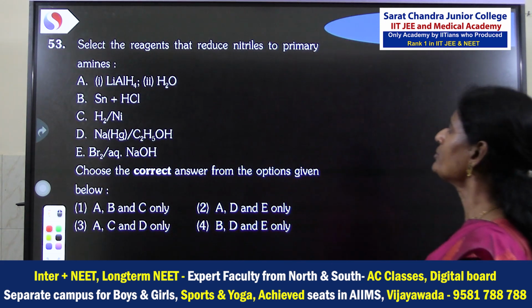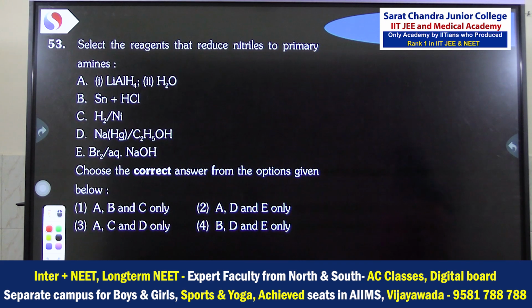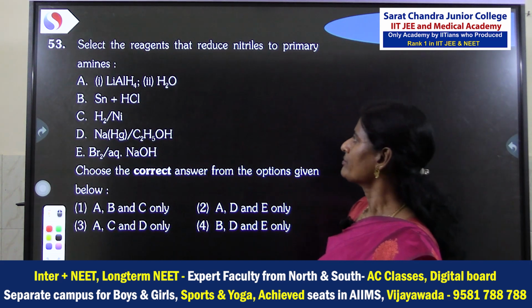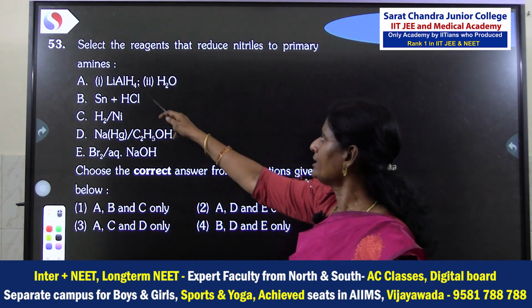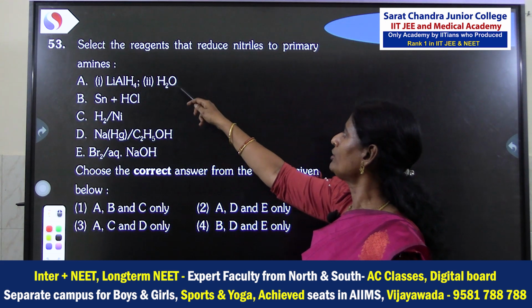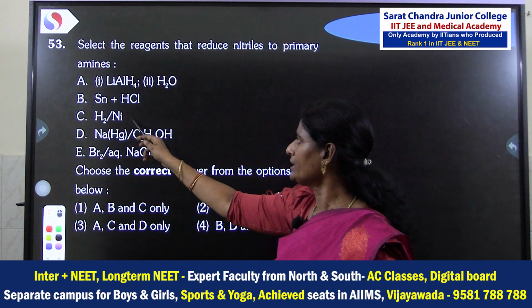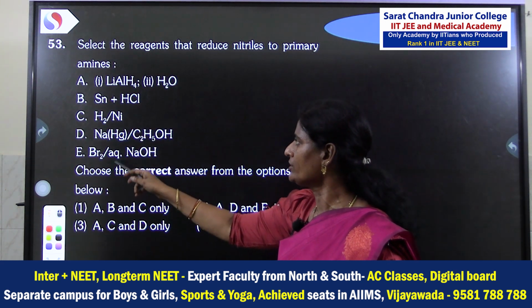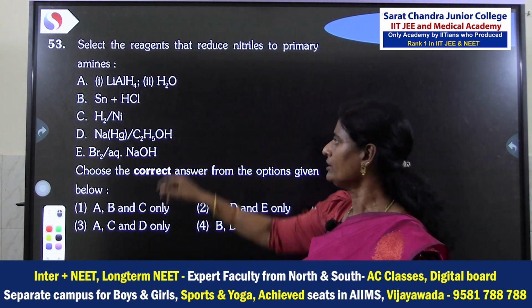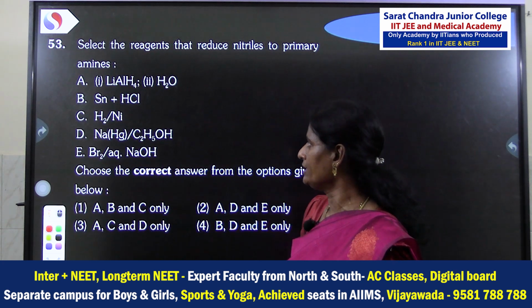Next, question 53. Select the reagents that reduce nitriles to primary amines. The reagents given are lithium aluminum hydride followed by hydrolysis, tin and HCl, hydrogen and nickel catalytic hydrogenation, sodium amalgam and ethanol, and Br2 with aqueous NaOH.